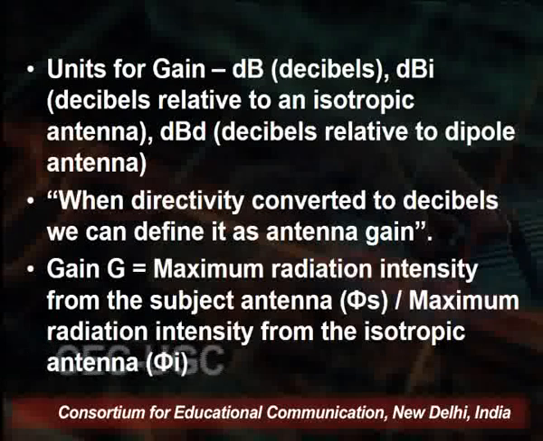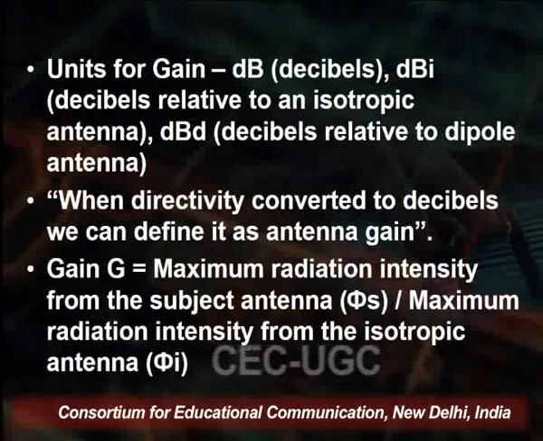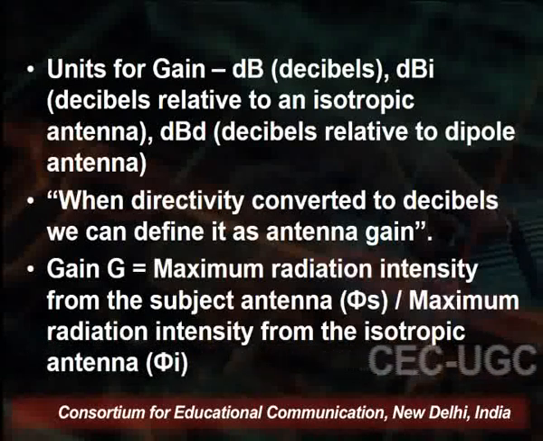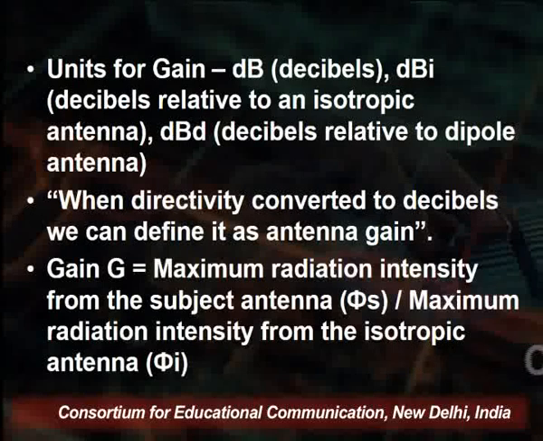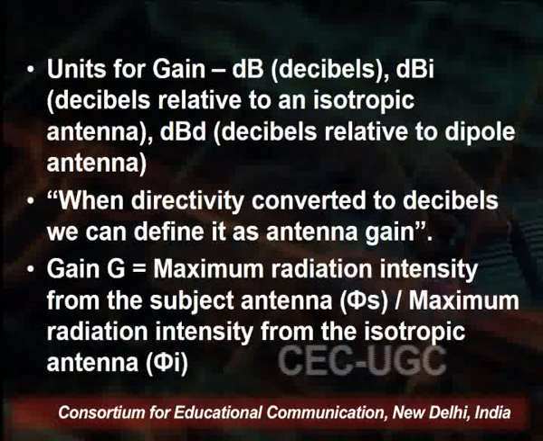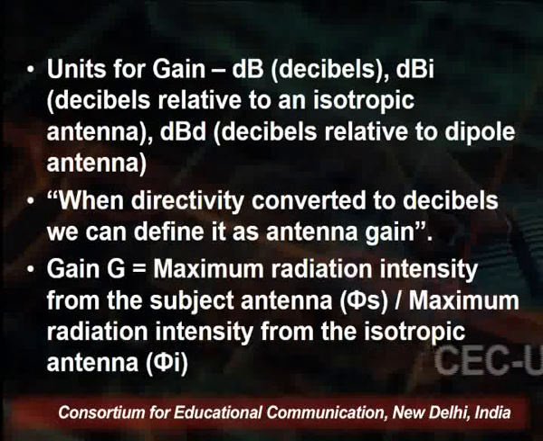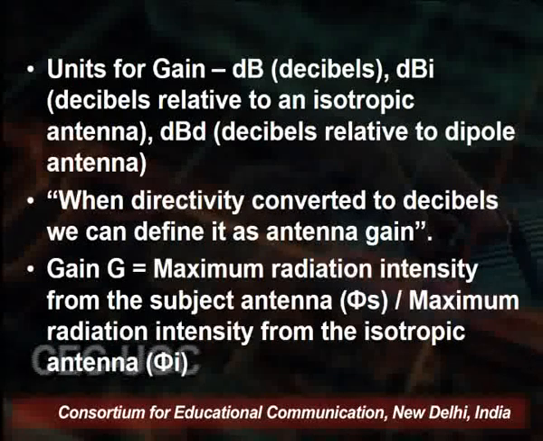If it is represented by dBi, then the unit is decibels relative to an isotropic antenna, and if it has a D at the end, dBd, then it is decibels relative to a dipole antenna. So this is the antenna gain: dBi for the isotropic antenna and dBd for the dipole antenna.